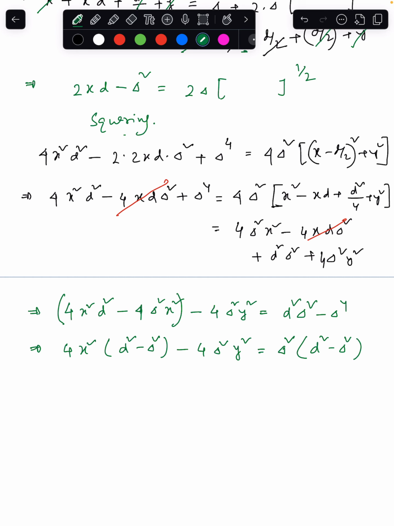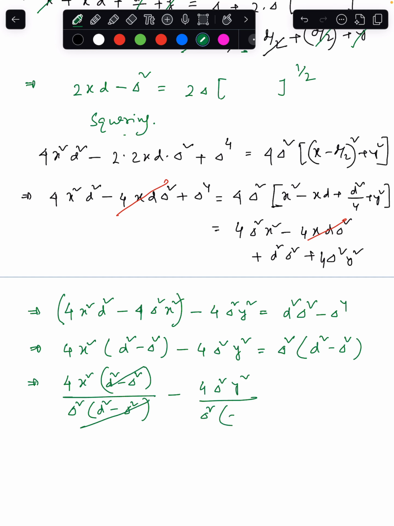Okay, so now what we are going to do, simply divide on both sides. 4x square (d square minus delta square) divided by delta square (d square minus delta square), cancelled, minus 4 delta square y square divided by delta square into (d square minus delta square) is equal to 1, cancelled.